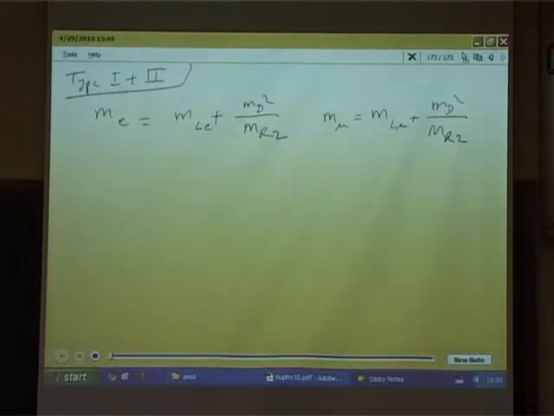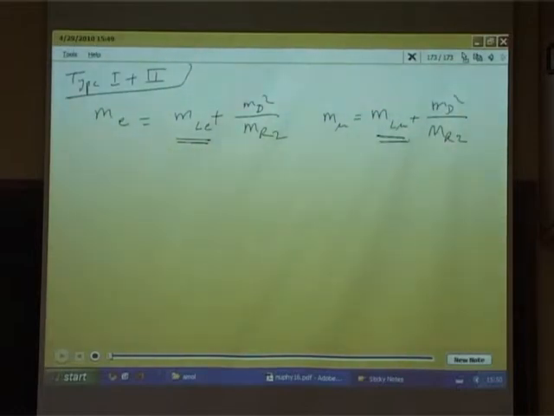Now see what has happened. I have got Ml already here, and then I have got Md squared by Mr. Now this number is expected to be very small because Mr is very large. So then the main contribution to the mass actually comes from Ml.